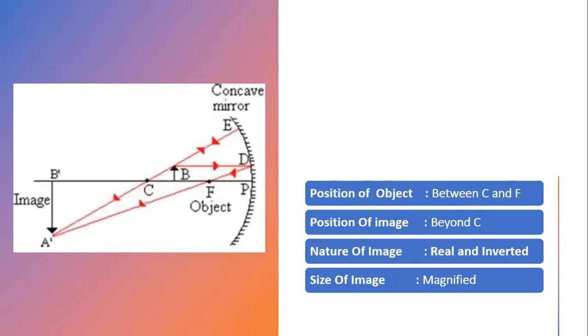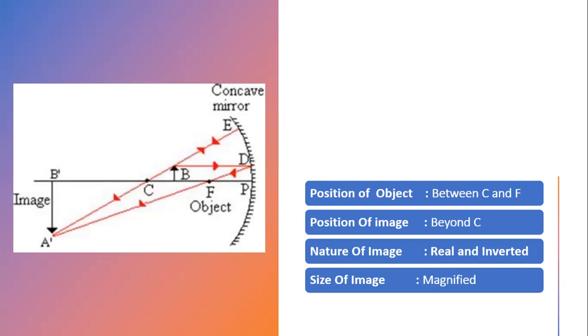Then the fourth case, here we are placing the object between center of curvature and focus. Again we are considering the 2 light rays. The first light ray which is incident through center of curvature will be reflected back through center of curvature. And the second ray which is incident parallel to principal axis will be reflected back through focus.